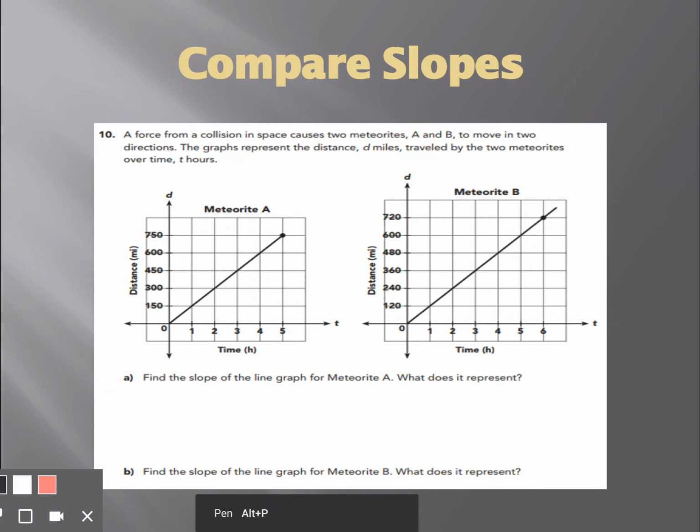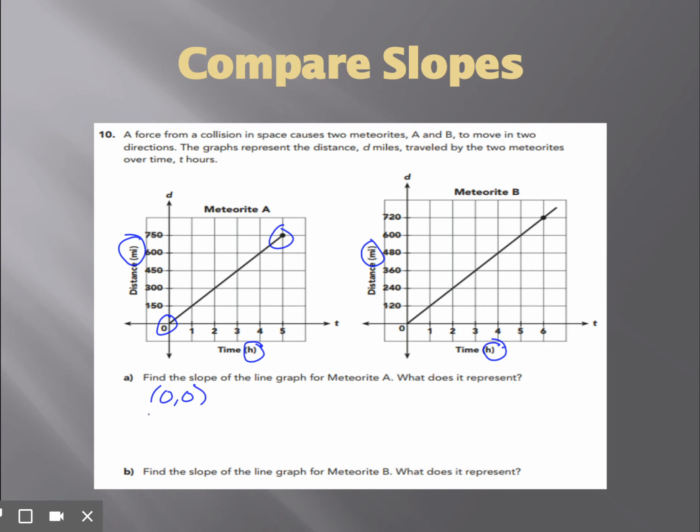Okay, here we are tracking the speed of 2 meteorites. So how many miles they travel per hour. Again, I know that's what they're asking because they label the axes of our graph so nicely. So first, find the slope of graph A, meteorite A. My 2 points are 0, 0, and 5, 750.